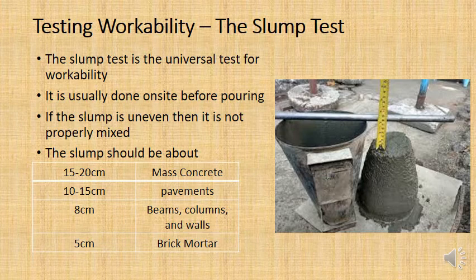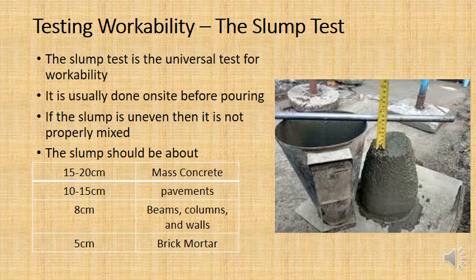It's inverted at the moment, but when it's the right way up with the skinnier neck at the top, you fill it up with concrete, and you compact it, and then you pull the cone up, and the concrete will slump down, and you're basically trying to see how much height of the concrete sandcastle, if you like, is being lost when it slumps down. So the larger the slump, the more workable the concrete is, meaning the more runny it is.